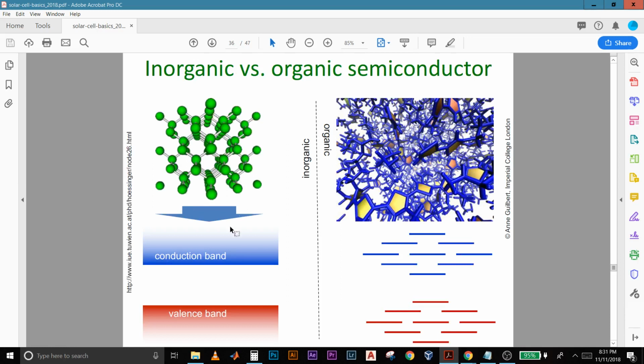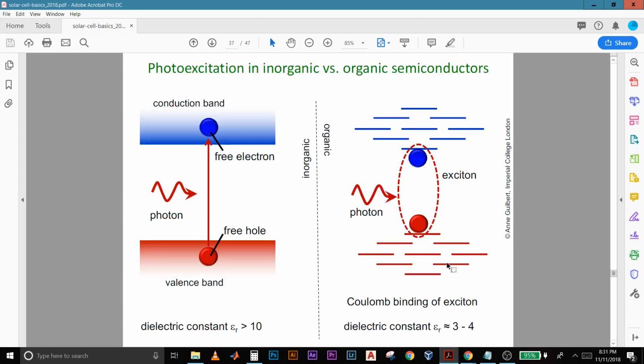In inorganic semiconductors, you have a clearly defined valence band and conduction band, and the transition of electrons between these bands gives rise to electric current. In the case of organic semiconductors, you don't have clearly defined conduction and valence bands, but you have unoccupied and occupied molecular orbitals, as shown over here.